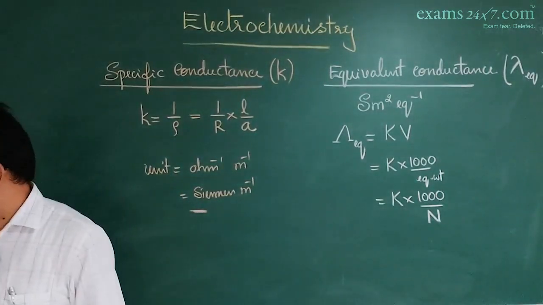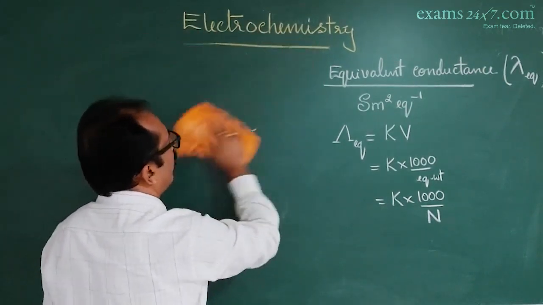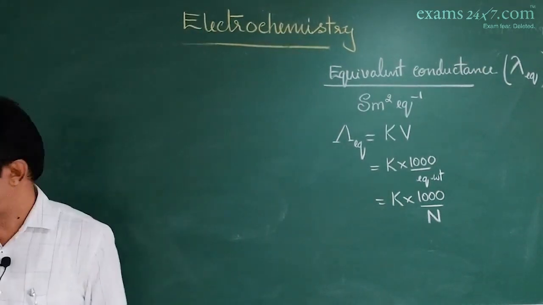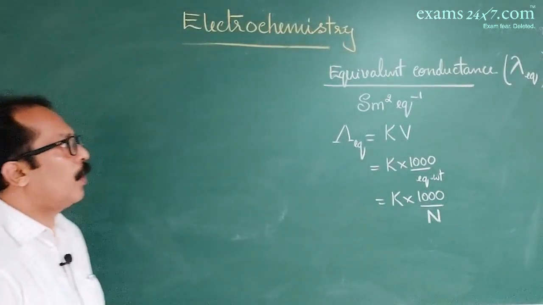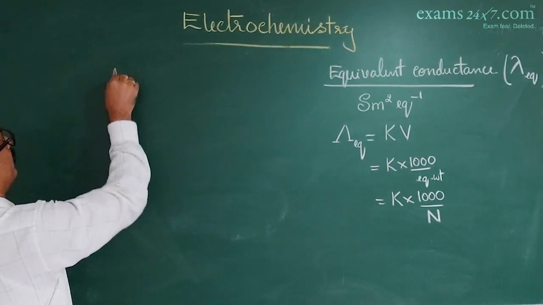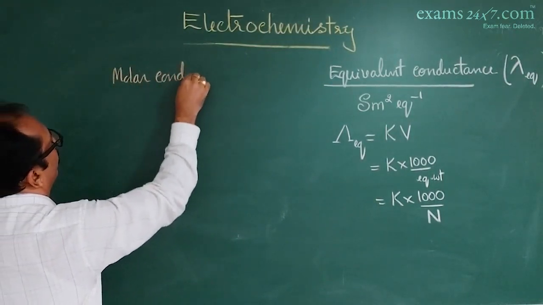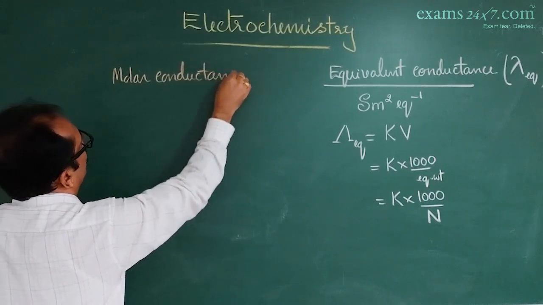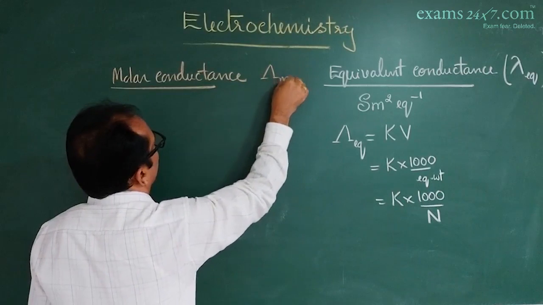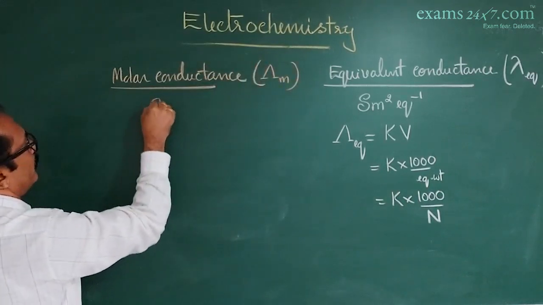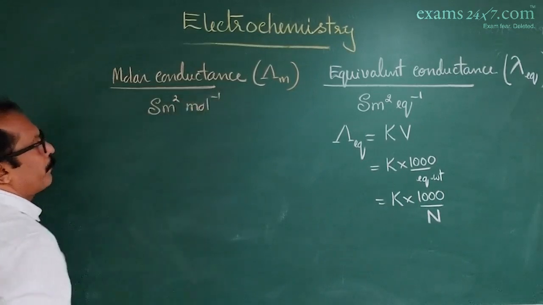Next, about molar conductance. Molar conductance is the conductance offered by all the ions present in a solution containing 1 mole of an electrolyte. The SI unit of molar conductance is Siemens meter square per mole.